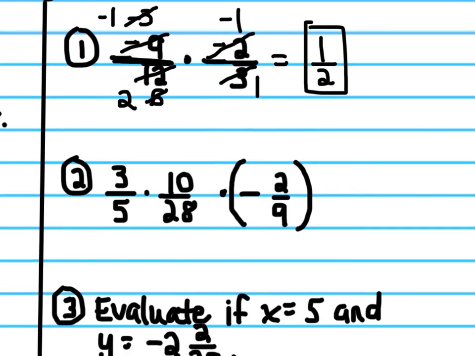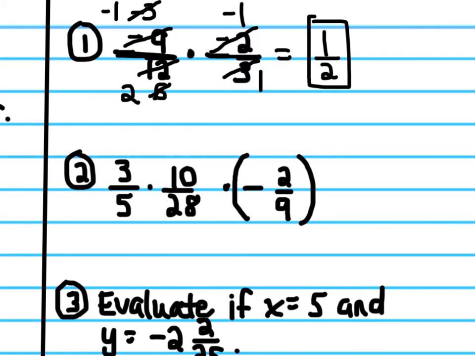Now let's take a look at problem 2. On problem 2, we're multiplying 3 fractions. Again, when I see a negative fraction, I extend the fraction bar and make the top number negative. Now you can do some cross-canceling, and there are different ways to do it. Any number on the bottom can be cross-canceled with any number on the top.